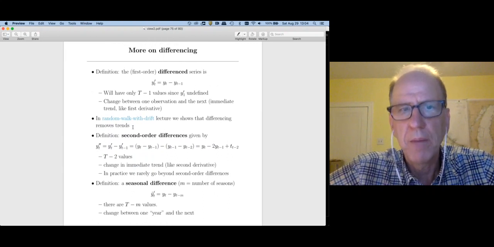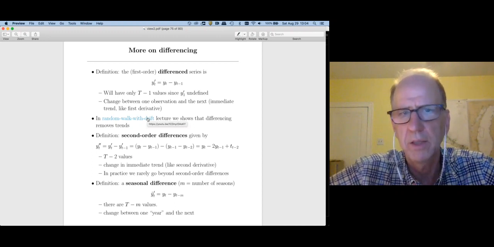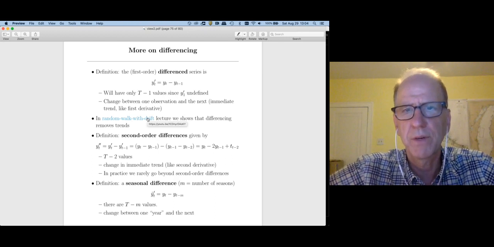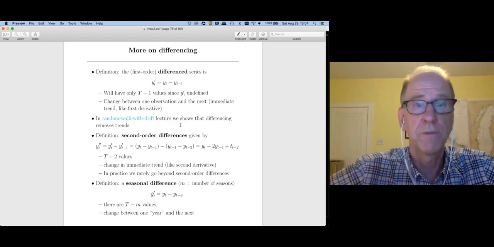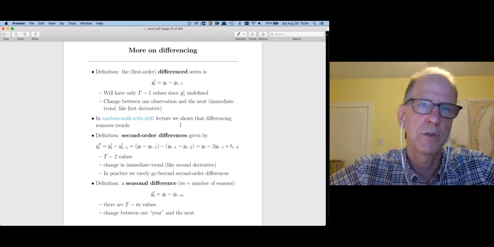I'll just mention my lecture on the random walk model with drift. You should probably watch that again unless you really understood it, because we assumed a very specific model and showed that this differencing removed the trend and also removed the heteroscedasticity.